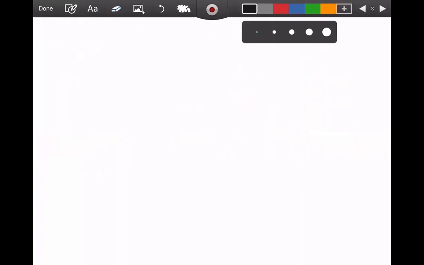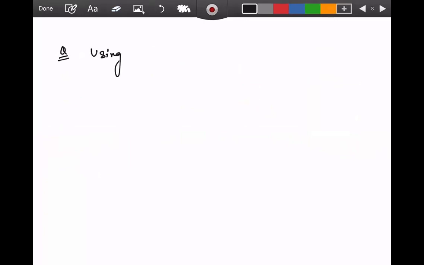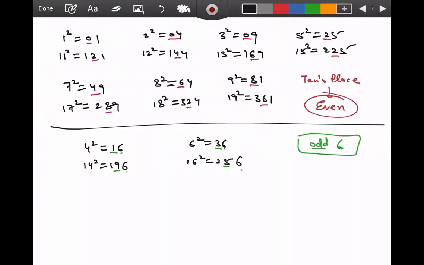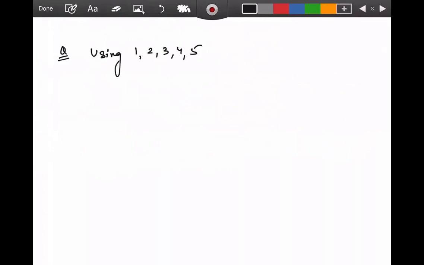I have a question for you. Using 1, 2, 3, 4, 5, how many 5-digit perfect squares are possible?